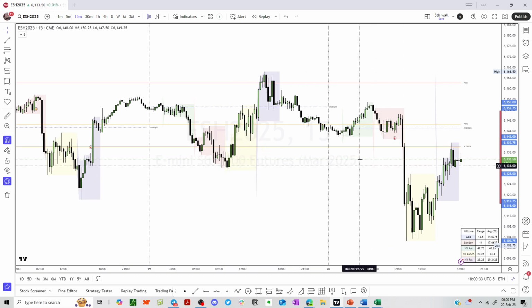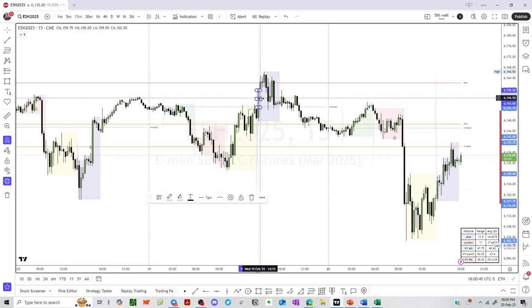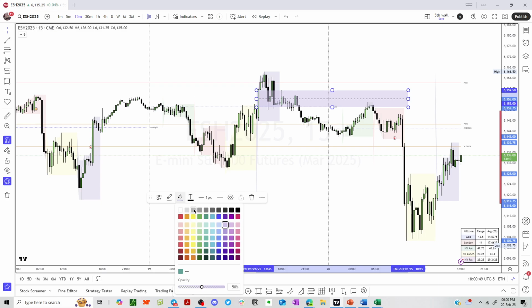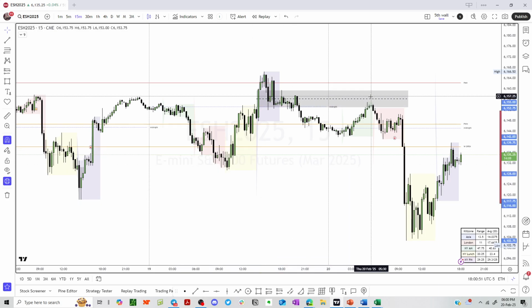So here today we can see the same thing. Price retraced into the PM session. This is another way, and this is just the 15-minute chart. Retrace here, ran the London low, retraced back into itself, so to speak, back into this range.